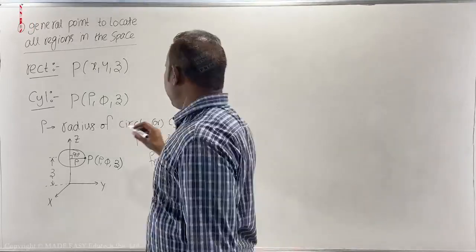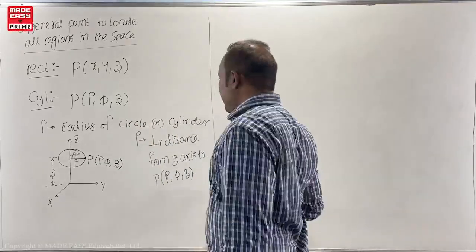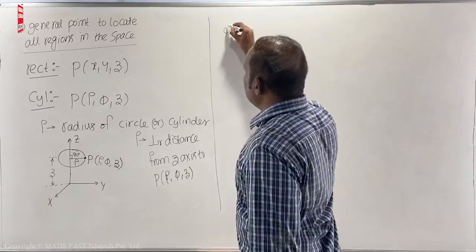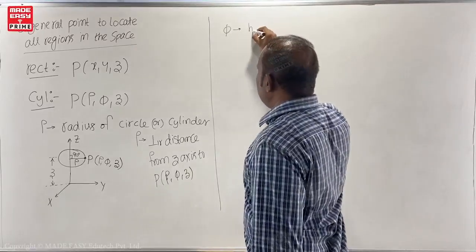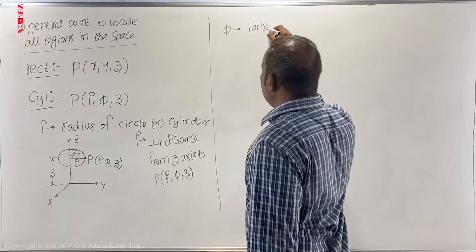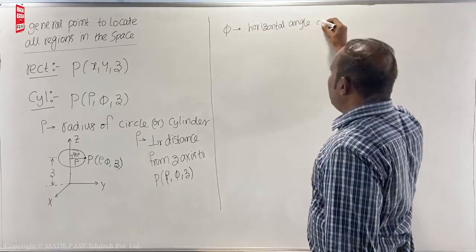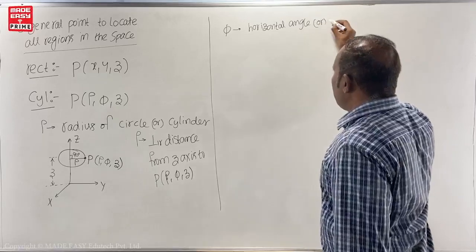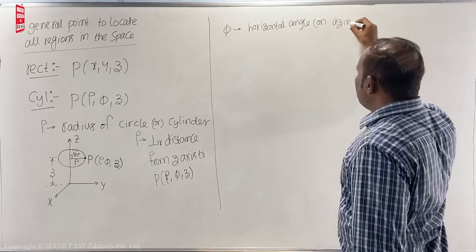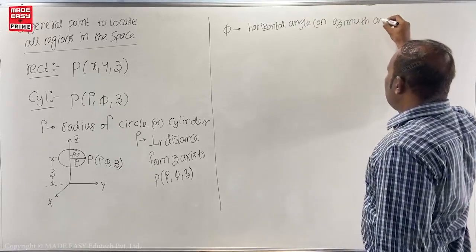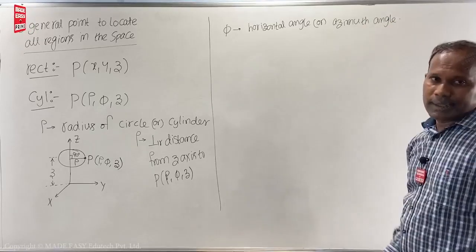Now what is phi here? Here phi is nothing but the horizontal angle. It is also called the azimuth angle, dear friends.